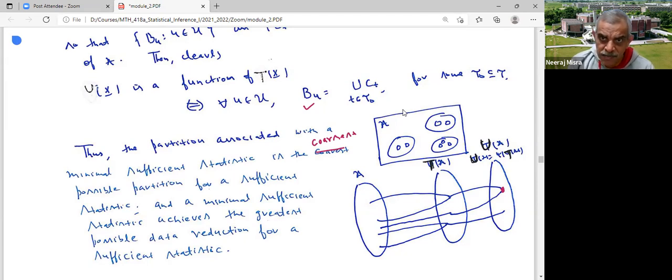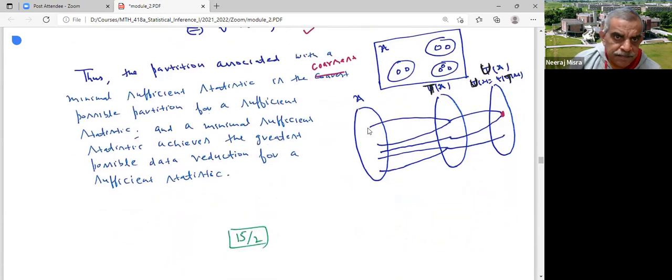So this is the partition of T induced by T(x). U(x) is psi of T(x). So each of these points goes to the same point. Each of these goes to the same point. So a minimal sufficient statistic achieves the greatest possible reduction of the data.